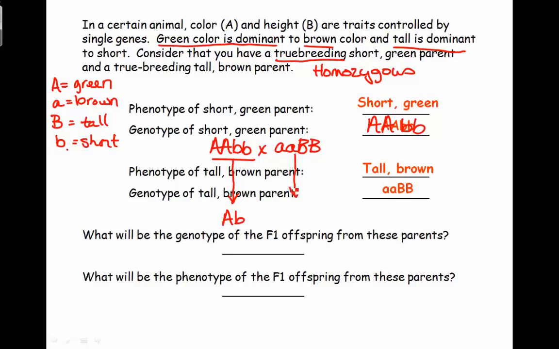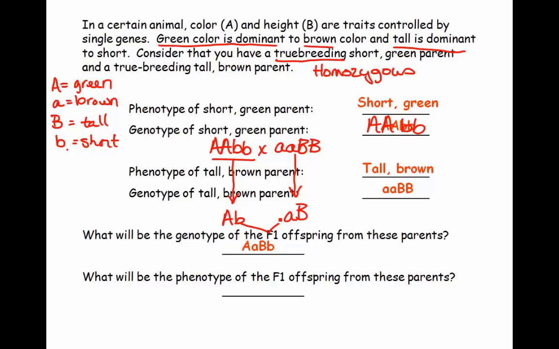From this parent, we know we're always getting lowercase a because that's the only kind of A we have, and always a capital B. And then we're really just taking the 2 and combining them together. So when we put them together, we want to group our A's, group our B's. So our F1 offspring are going to be heterozygous for A, heterozygous for B.